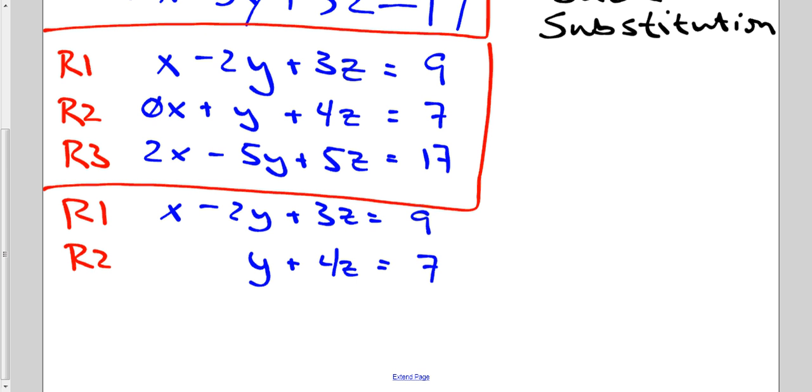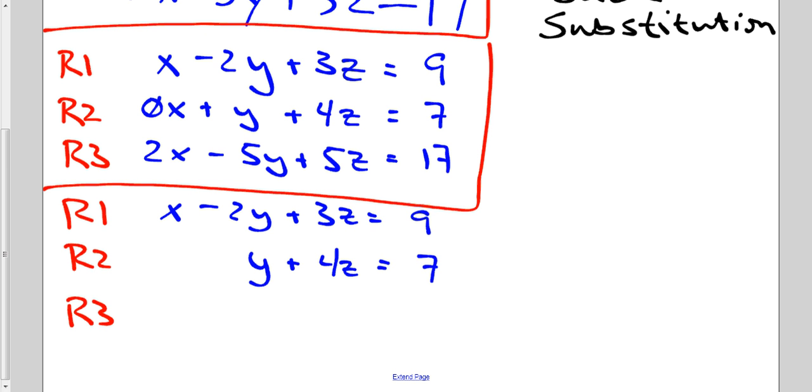But row 3, I'm going to take -2 times row 1 and add it to row 3. Okay? So what's -2 times row 1? That would be -2x plus 4y minus 6z equals -18, right? And I'm going to add that to this.